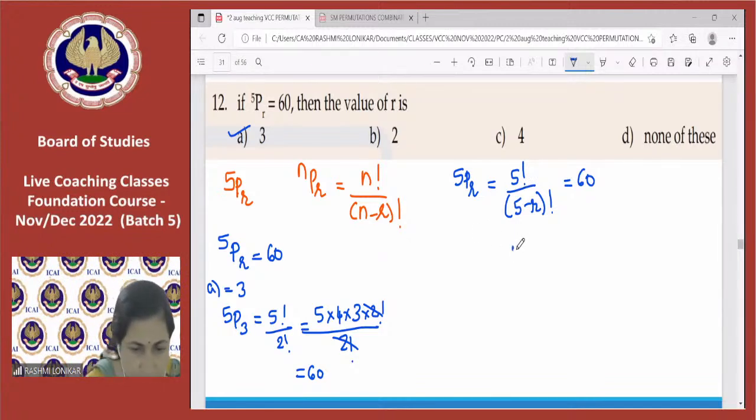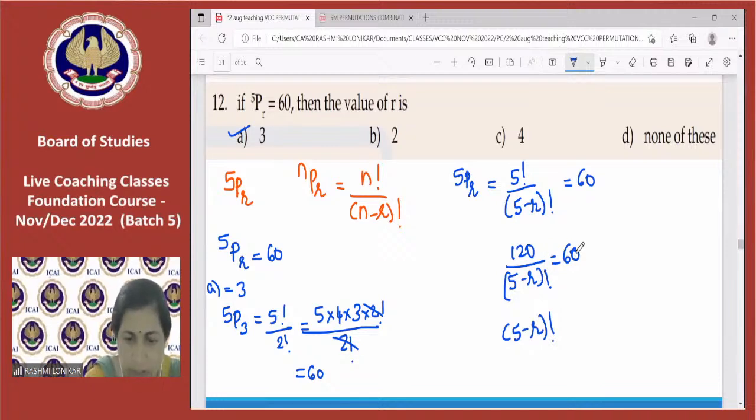So 120 upon 5 minus r factorial is equal to 60. I cross multiply. I take 5 minus r factorial to the top and 60 down. So this becomes 120 upon 60. So 5 minus r factorial is equal to 2.